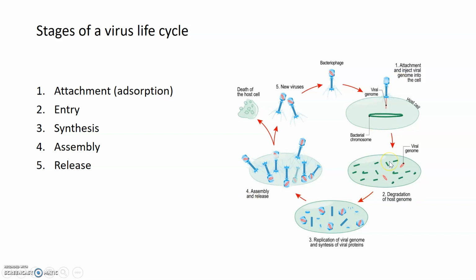In this case, it's just the genome that enters during entry, but the synthesis, assembly, and release are all the same. And so depending on which virus you're talking about, there are slight differences between all of these steps. But overall, the ability to attach, enter, make things, assemble, and then be released are all integral to virus multiplication and the virus life cycle.